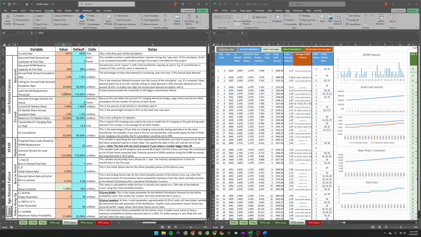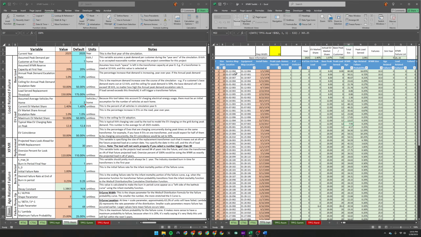So that's that one. Load served replacement threshold. This is an interesting one too. It's basically saying, as I adjust it, we're going to have more failures. But let me take a step back. It's saying if my peak load exceeds 150% of my rated transformer capacity, which again would be the size here, kVA.